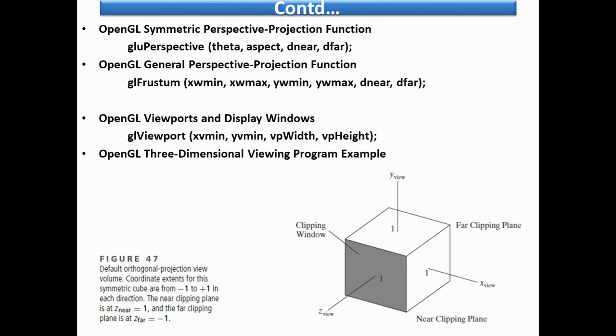In fact, a call to gluOrtho2D is equivalent to a call to glOrtho with d near equal to minus 1.0 and d far equal to 1.0, which means they perform the same function here.